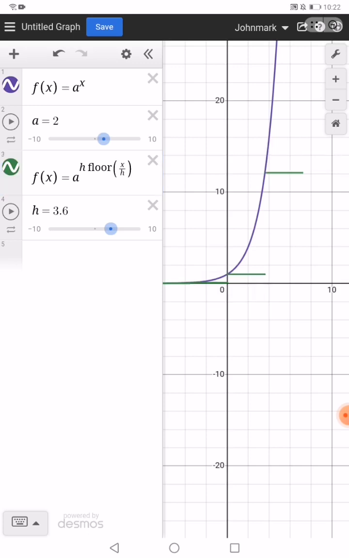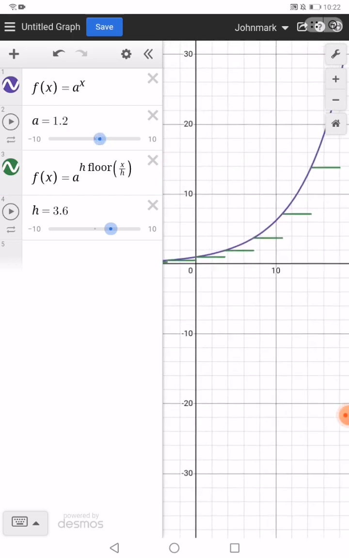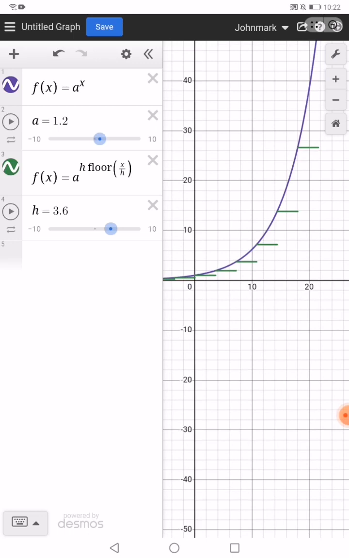And if we decrease the exponent, you see it also follows the same pattern. And if we increase the length, or decrease the length, or if we go to the negative side, it will move to the other side. So the floor function is now being converted into a ceiling function.